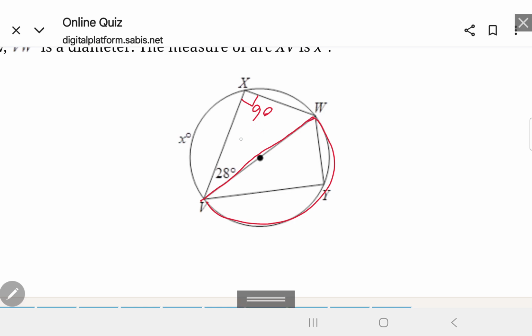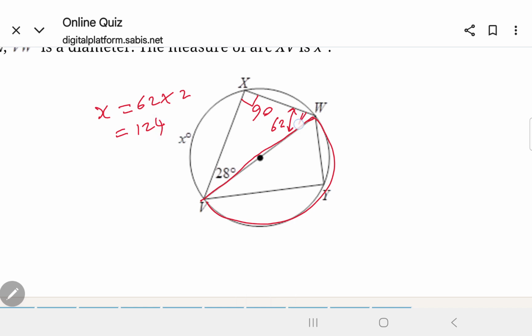Then if you add 28 plus 90 and subtract from 180, you get W here, 62. Then you multiply 62 by 2 to get the arc measure. So the arc measure x is equal to 62 times 2, 124. That's the answer.